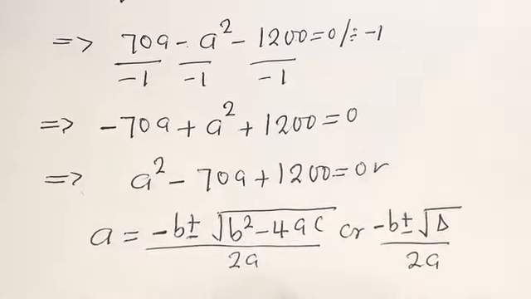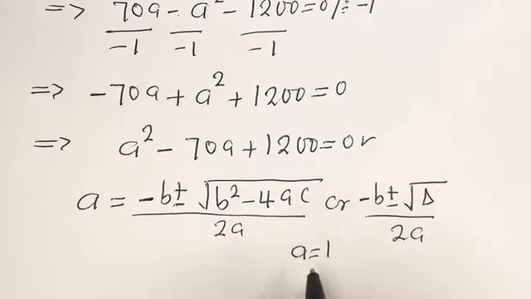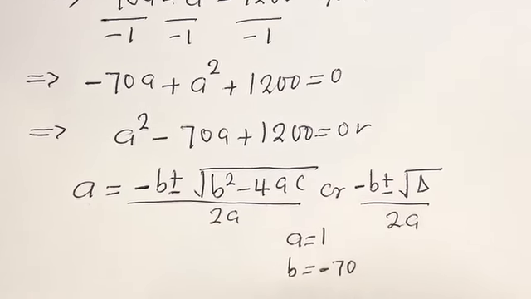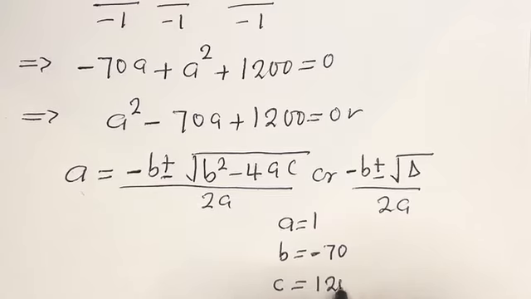Then from this equation, A is equal to 1, B is equal to minus 70, C is equal to 1,200.